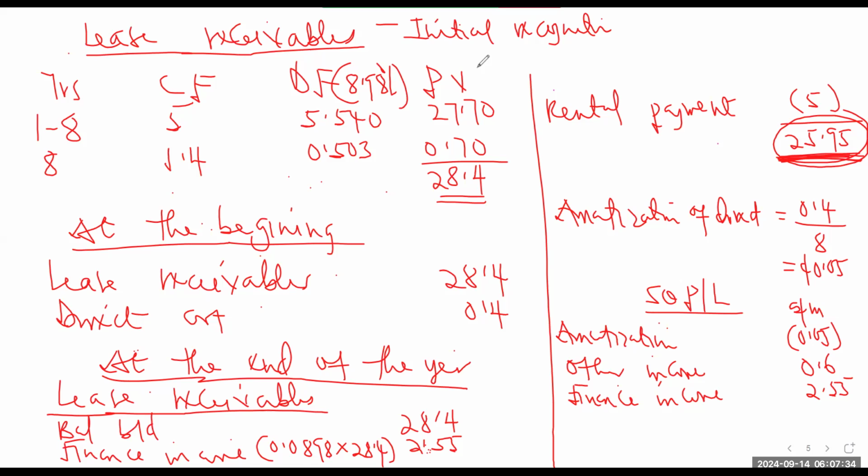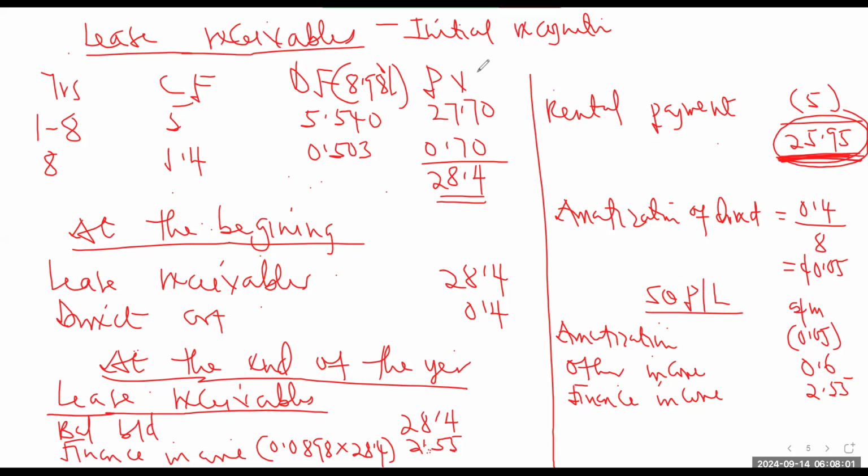For the sum of digits method, we look at the cash price of the item, then we look at the amount that you are paying. The difference between the two will give you the interest income or the finance cost. So you share the finance cost based on the sum of digits method. But that particular method is no longer applicable.